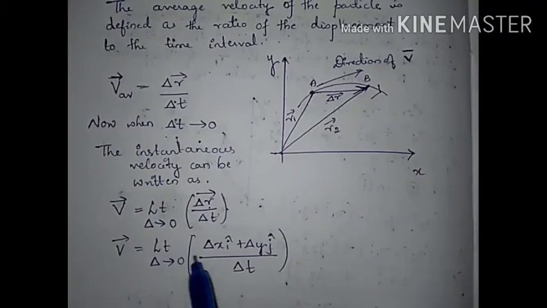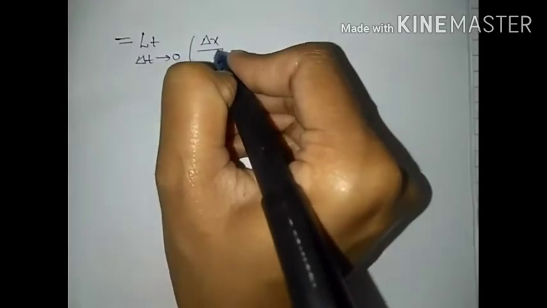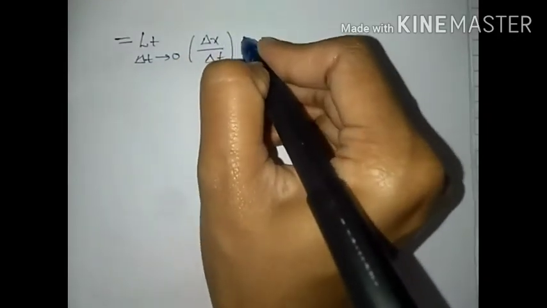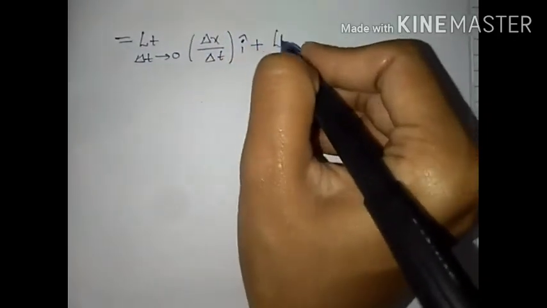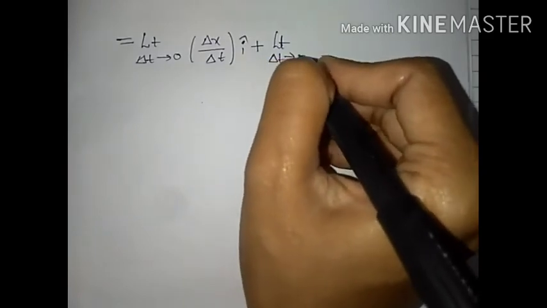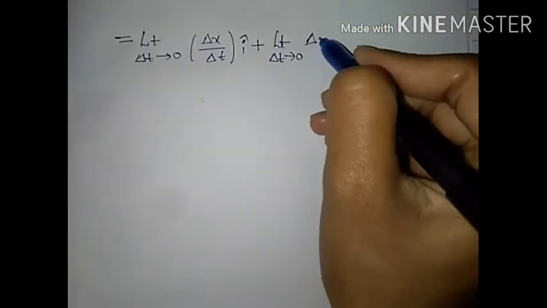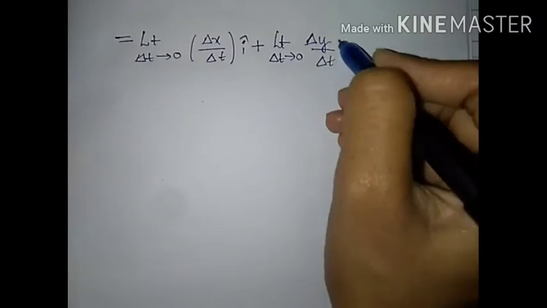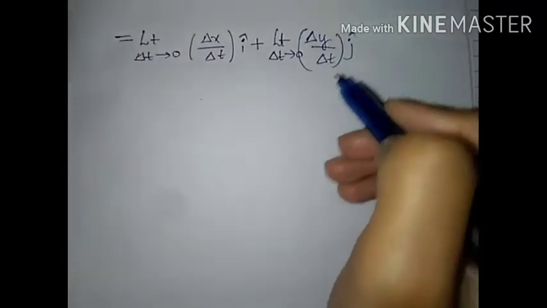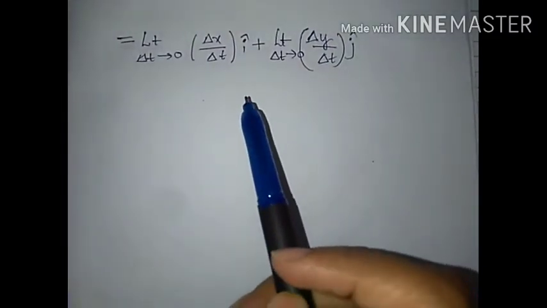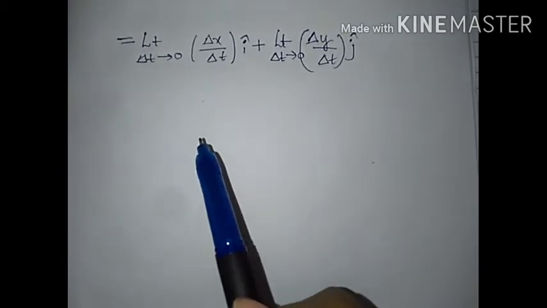Now apply the limit to the separate x and y terms. Then you get limit delta t tends to 0 delta x by delta t i cap plus limit delta t tends to 0 delta y by delta t j cap. So you have just separated the terms.